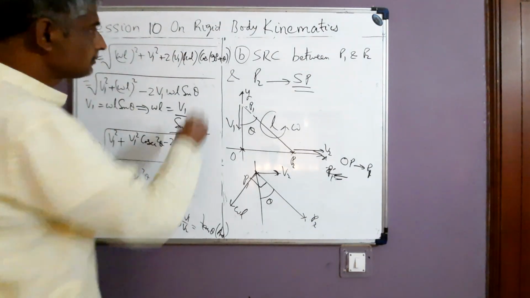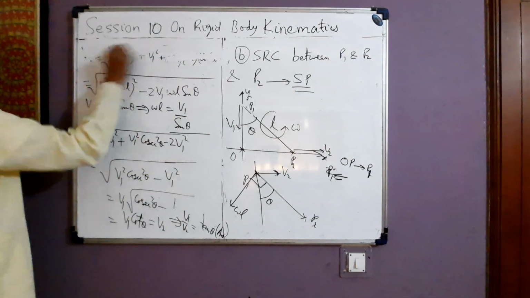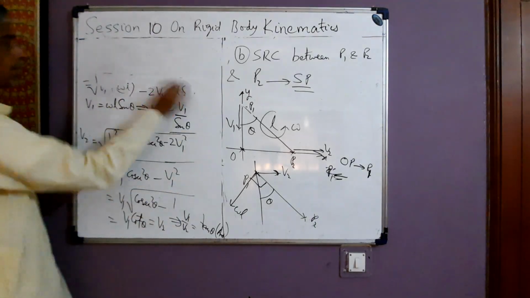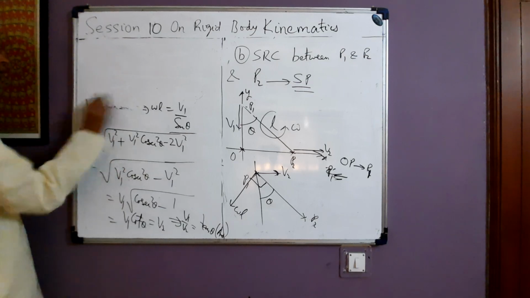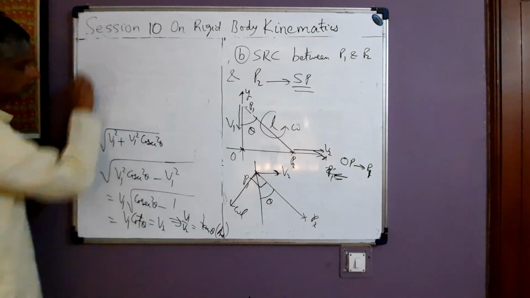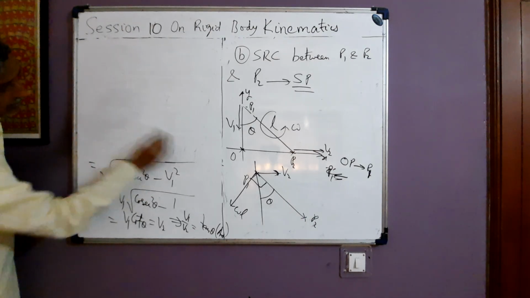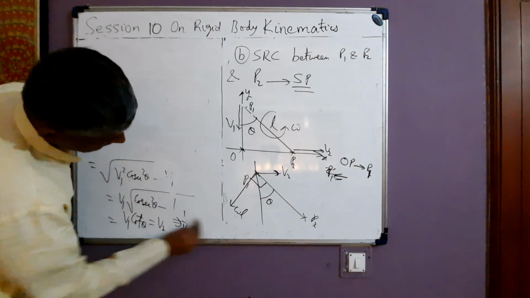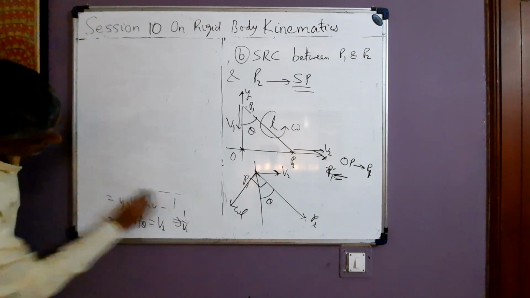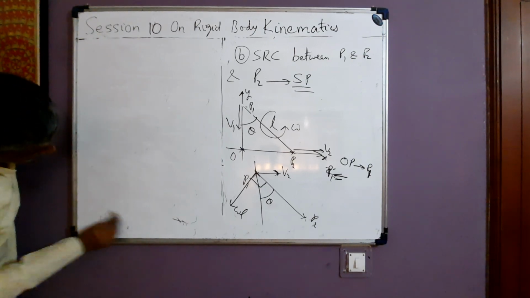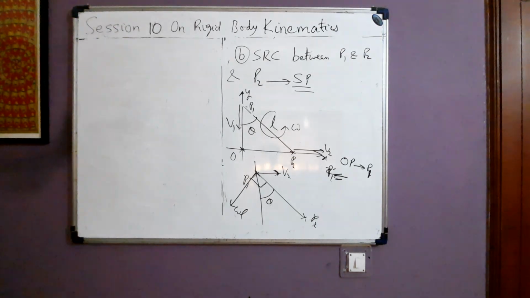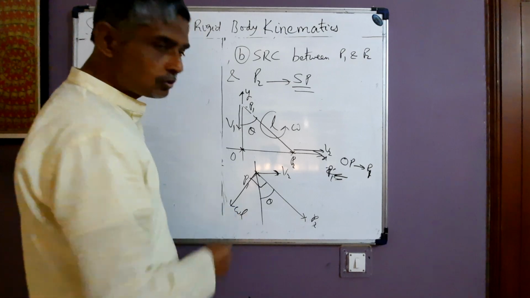Now I have the first column. Velocity of P1 is the vector sum of these two.